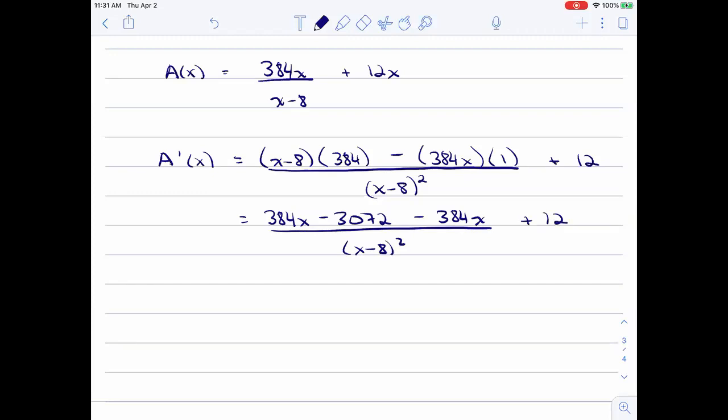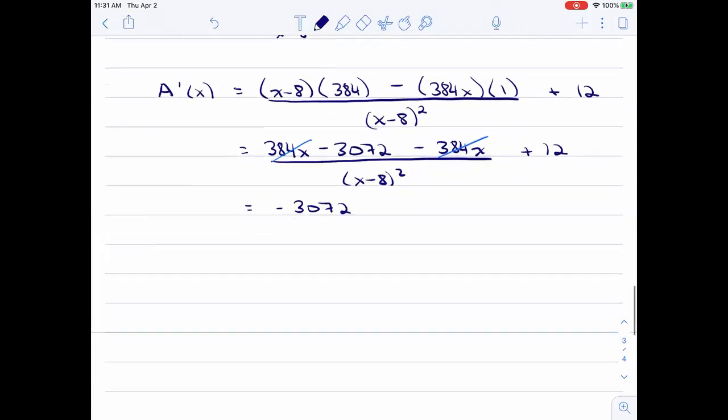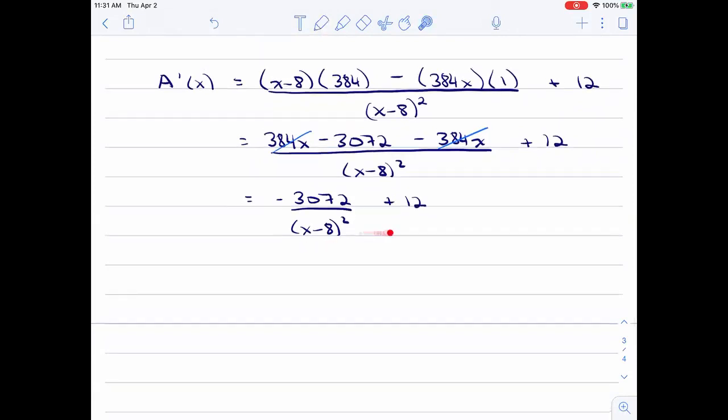Don't forget that plus 12. 384x minus 384x goes away, remembering that you've got this negative here, also don't forget about that. Negative 3072 over x minus 8 squared plus 12. Okay, this is my derivative. I don't see any way that I could simplify this anymore.